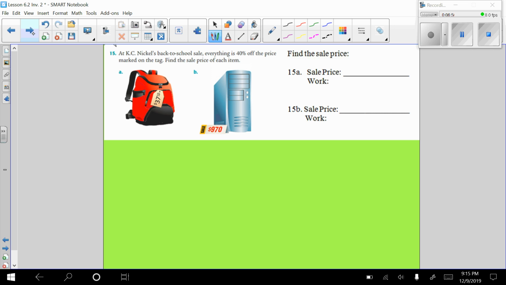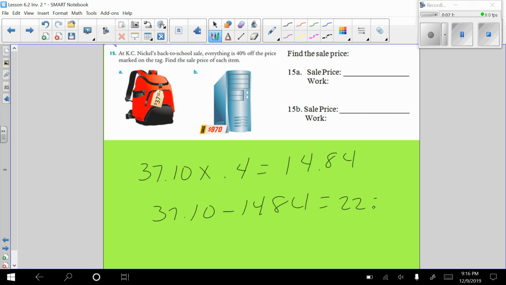All right, so if you took $37.10 times 40% or times 0.4, you would find out that you're saving $14.84. Now to find out your price, you take your $37.10 and subtract $14.84. So when you put that into your calculator, you should come up with a total of $22.26.